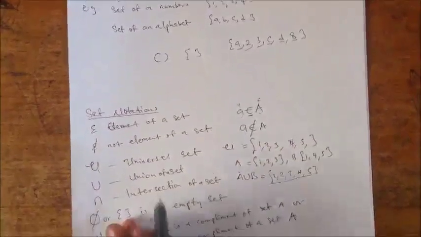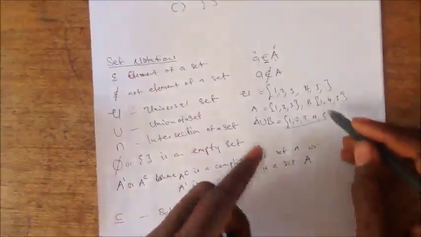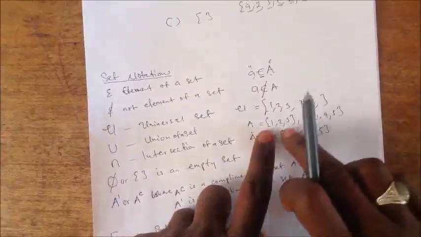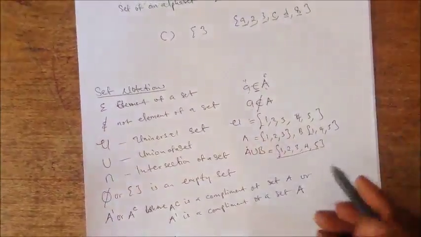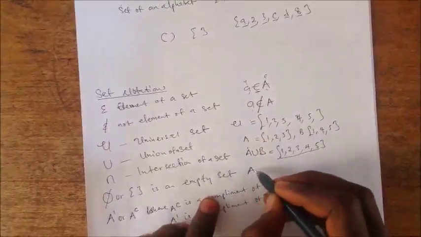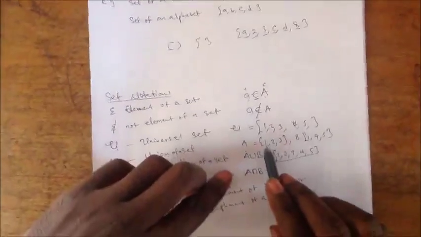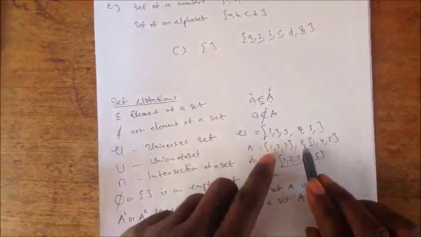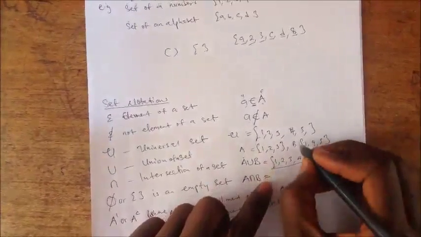Then we talk about intersection. Intersection of sets is a relation whereby we have an element that is found in A and also exists in B, and it is represented like this. Now, if you look at this, we have 1, 2, 3 as elements of set A, and 1, 4, 5 as elements of set B, right?